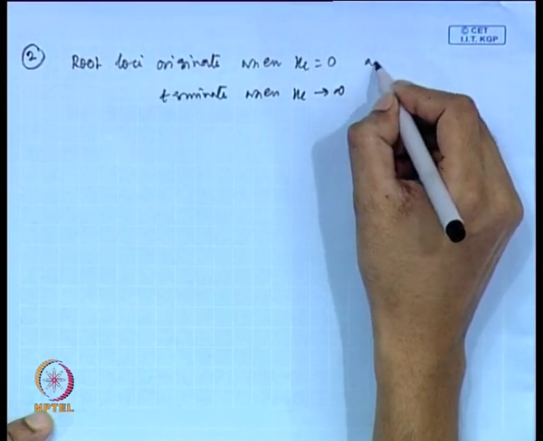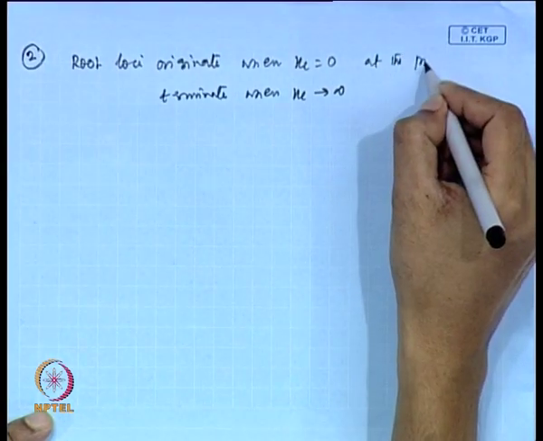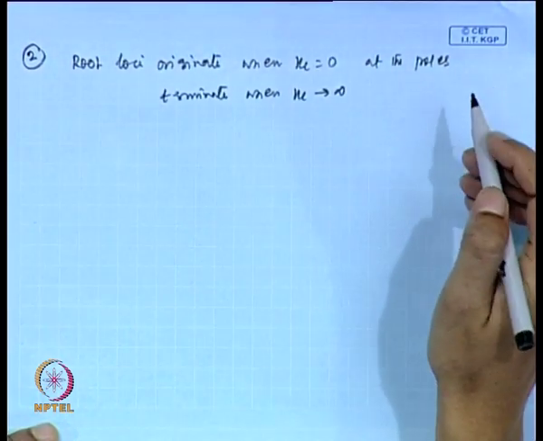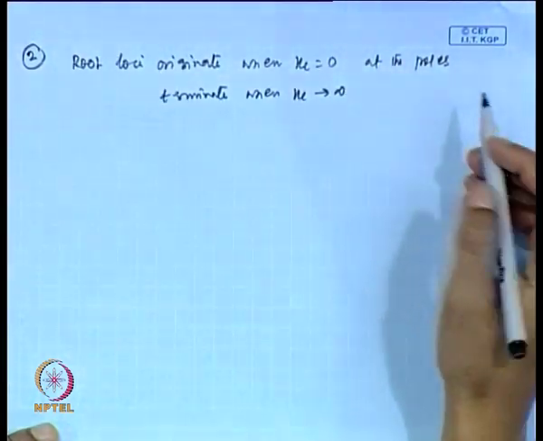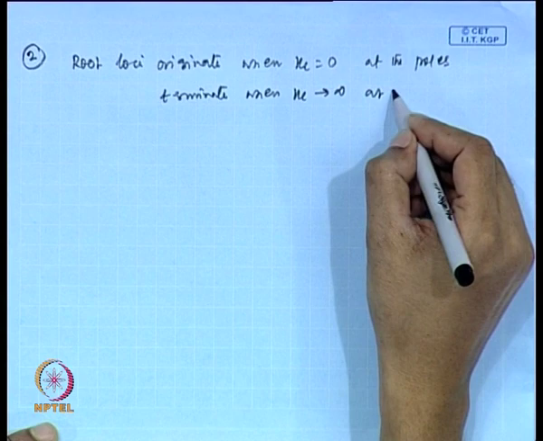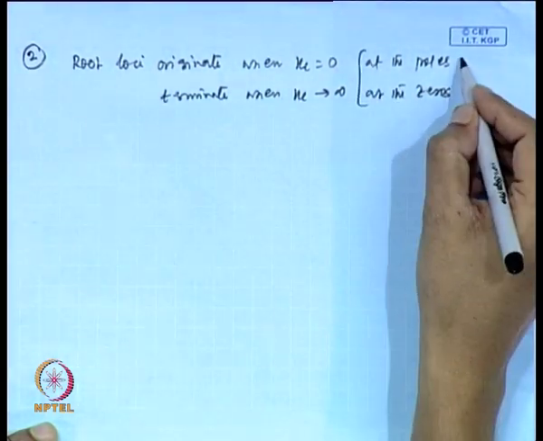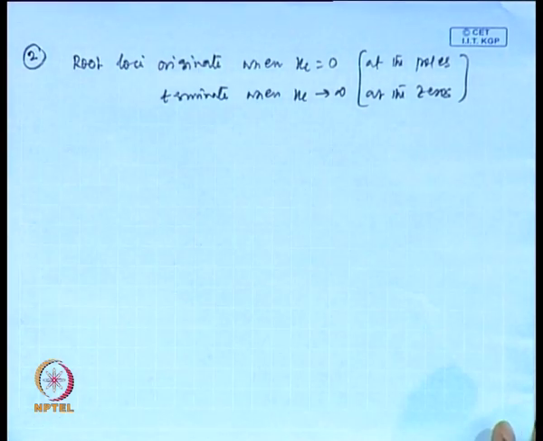That means it originates at the poles and it terminates at the zeros.